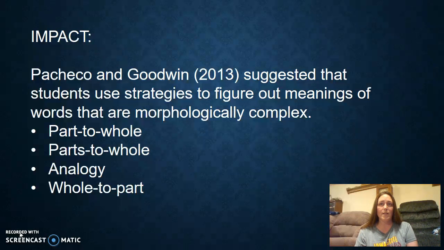A study conducted in 2013 suggests that students use a wide variety of strategies to figure out the meaning of morphologically complex words. This study found that when students used morphological awareness to understand how parts of a word fit together, it helped readers to make sense of the affixes or prefixes and suffixes, to spell words from word families, pronunciation, as well as grammar to identify how suffixes can change the parts of speech.